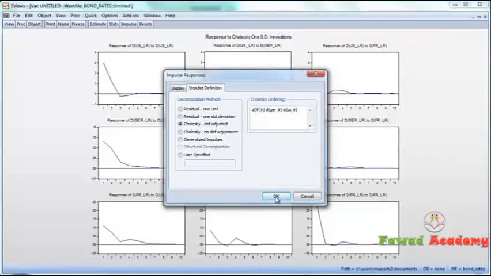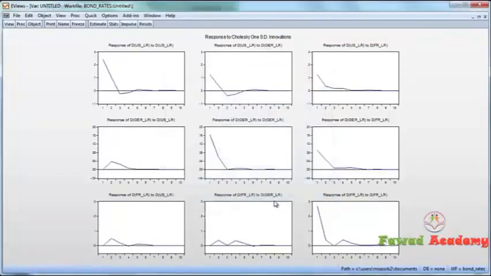Now we click OK, and we can see that we get quite some change. Firstly, let's see what we have imposed with this Cholesky decomposition.